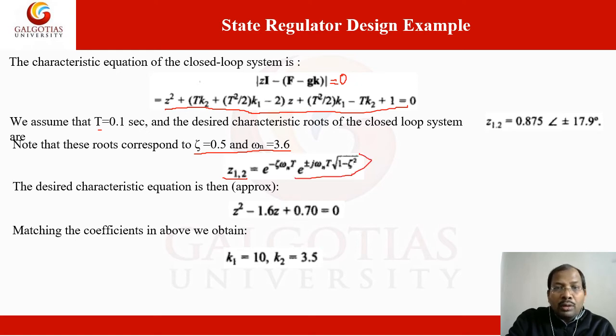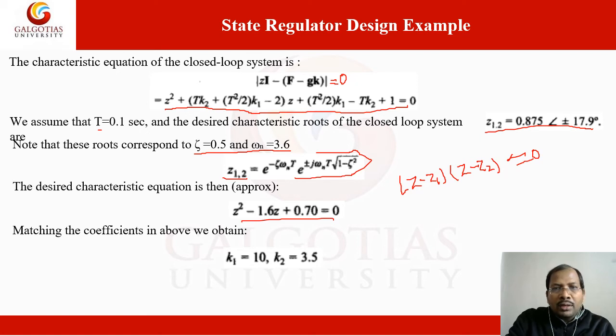So we can put the omega n, delta and T values and get z1 and z2 in this form. So we can obtain the characteristic equation in the form (z minus z1) multiplied by (z minus z2), equate it to 0, and get the characteristic equation in this form.